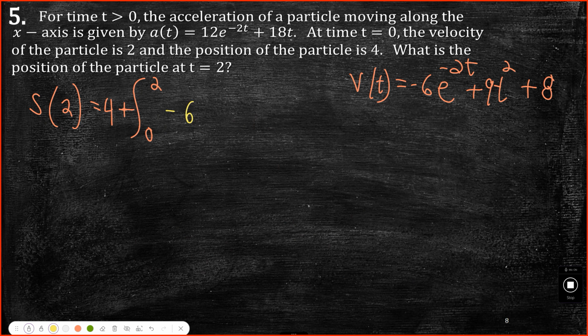Negative 6 e to the negative 2t plus 9t squared plus 8 dt. Integrate that.